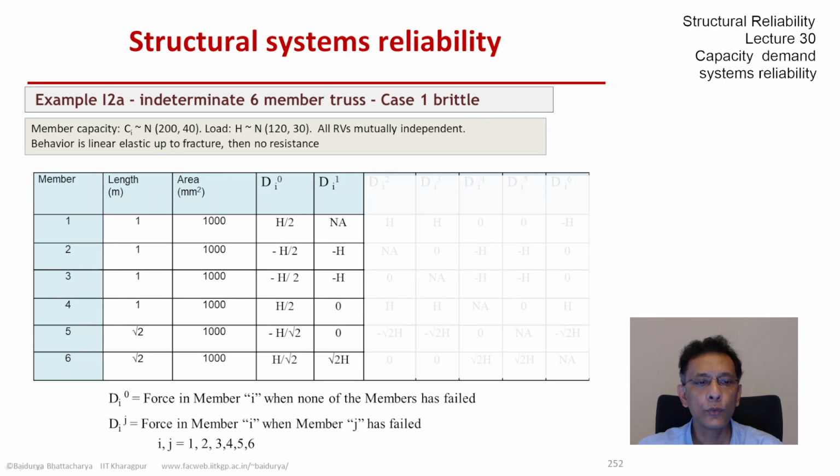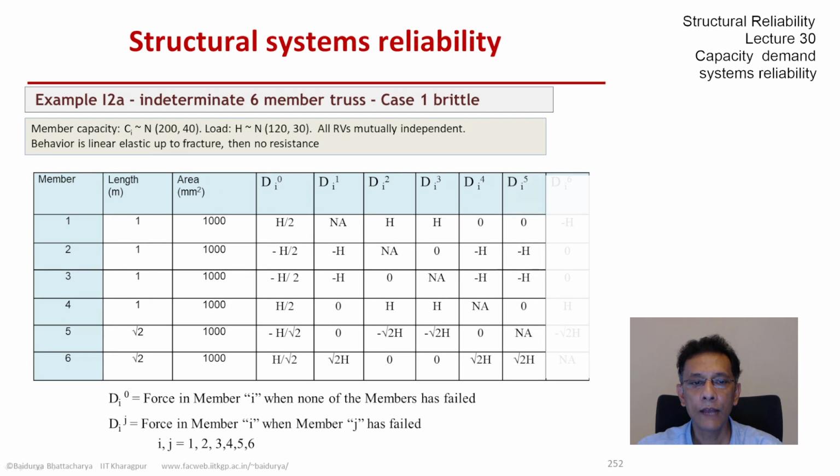Likewise, we can get D2i, D3i, D4i, D5i, and D6i. You see all the diagonal terms have NA because the member has been removed for that particular column.